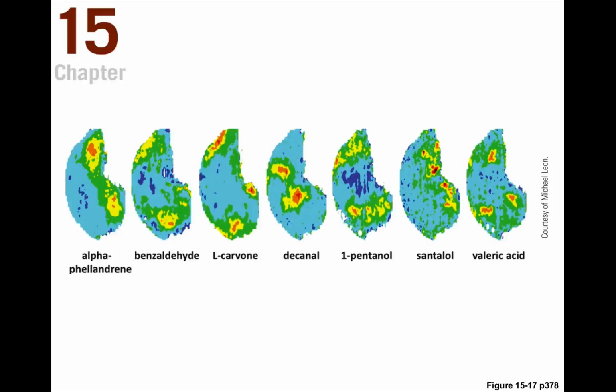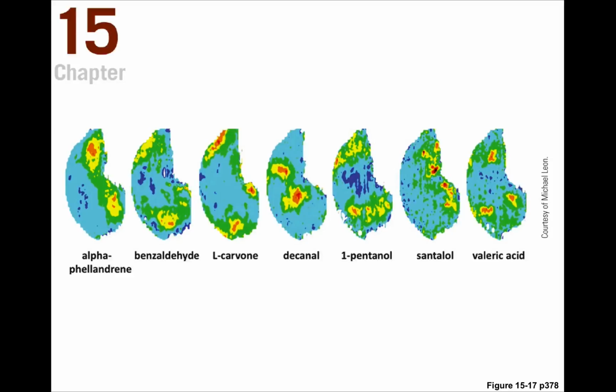So here's an example of some data from the 2-deoxyglucose studies. This is kind of like a little heat map, like one of those weather radar things where if you see red and orange, there's lots and lots of activity, lots of storms, and where you see blue, there's no activity, and green is a little activity. It's the same here.